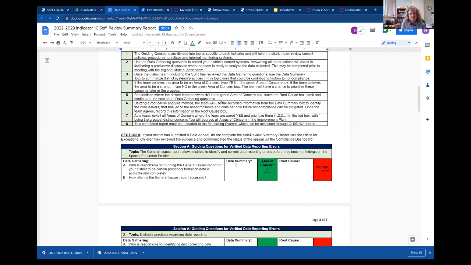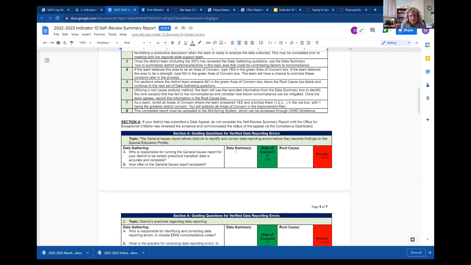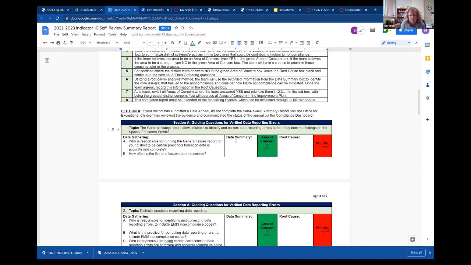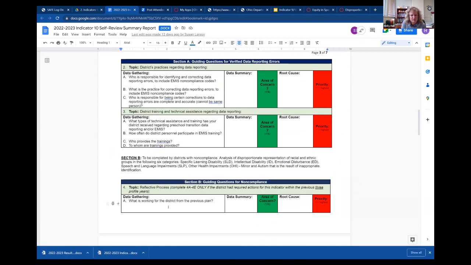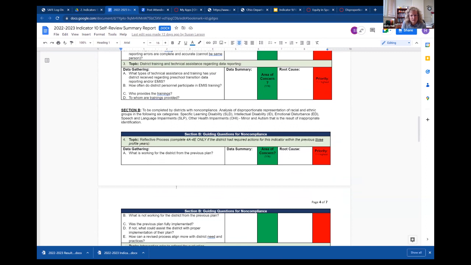Once the district team has reviewed all of those questions, we're going to use the data summary box to help us summarize. You can see down here that the self-review summary report is divided into two sections. Section A is for any district that has data reporting errors, which then goes on to section B, where the question begins with a reflective question.